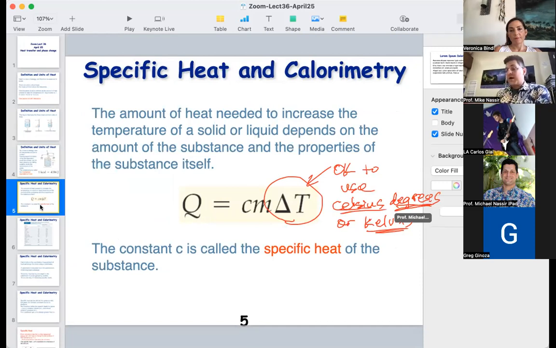Both have 100 degrees between the freezing point of water and the boiling point of water. So if you take a delta between two temperatures in Celsius, it's the same as the delta between two different temperatures in Kelvins.